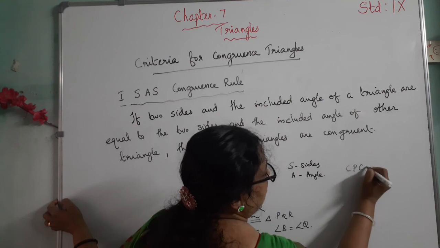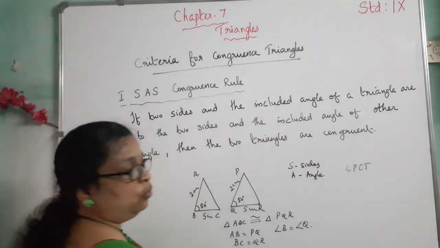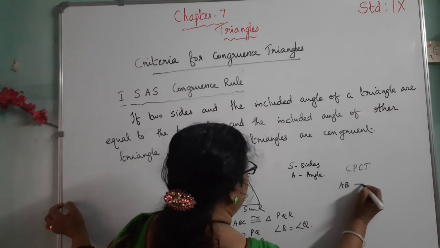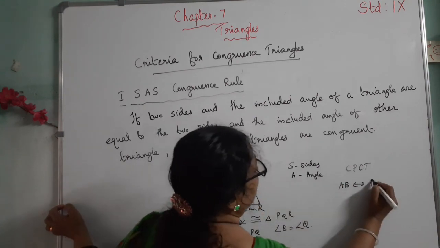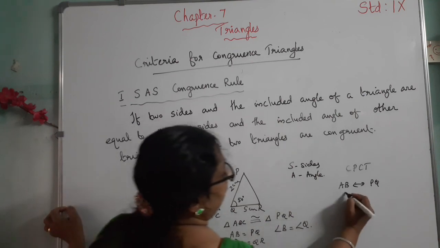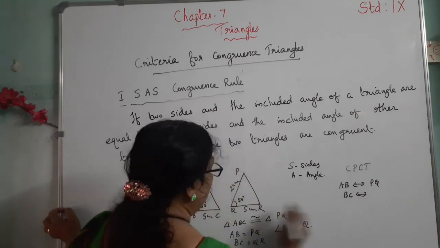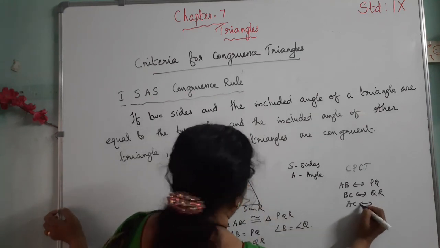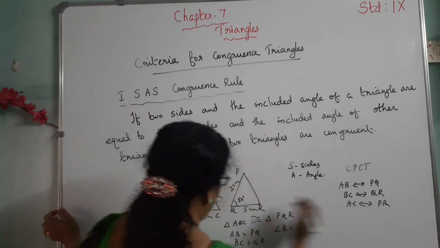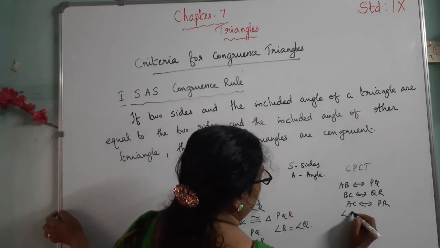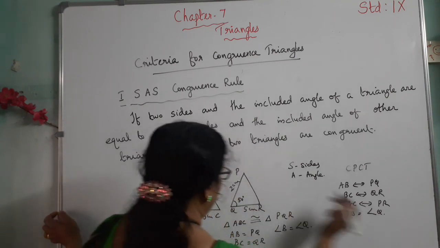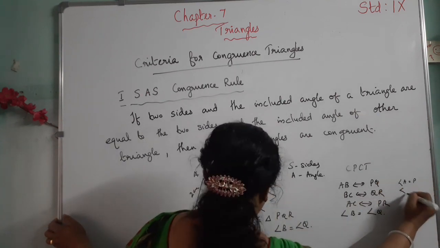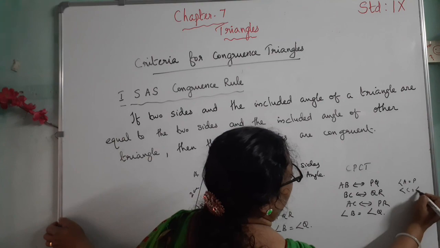Then by CPCT, AB corresponds to PQ, BC corresponds to QR, AC corresponds to PR. Then angle B equal to angle Q, angle A equal to angle P, and angle C equal to angle R also.